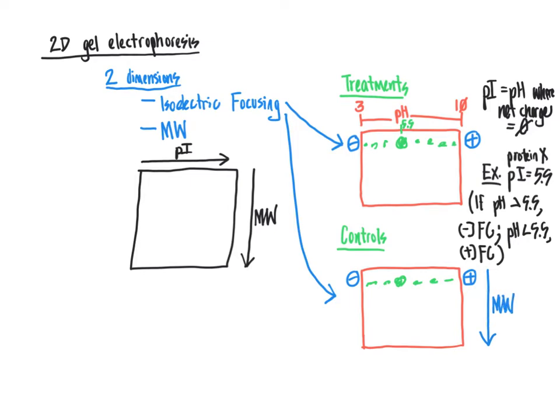With the molecular weight separation, the lower molecular weight proteins will travel faster through the gel matrix than proteins with a higher molecular weight. And so what we would expect when they start traveling down the gel here, based on molecular weight, is that at the bottom of the gel we would have the lower molecular weight proteins, and closer to the top of the gel, the higher molecular weight proteins.